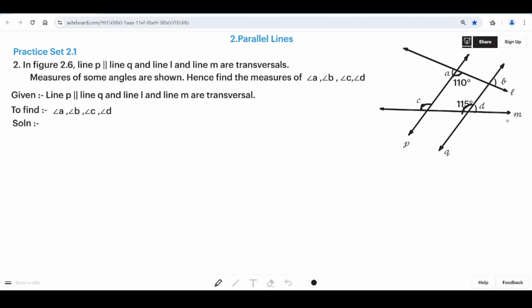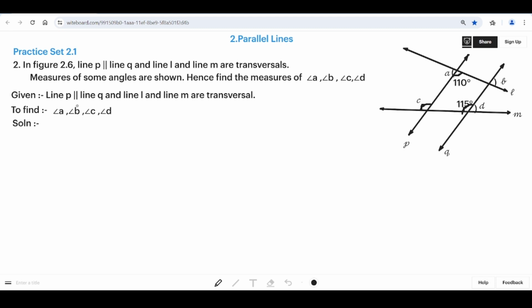Before we have seen only one transversal, but now here are two transversals, that is line L and line M. Now what the question says, measures of some angles are shown. Some angle is 110 and some is 115. Hence, find the measure of angle A, angle B, angle C and angle D.